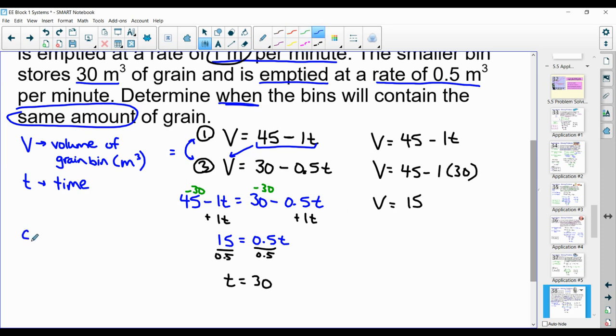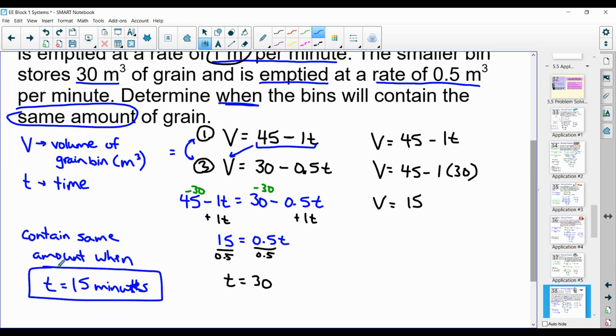Well, they will contain the same amount when t equals 15 minutes. So you could just write t equals 15 minutes, and that's fine. But I just want to be clear on the answer here. So they'll contain the same amount when t equals 15 minutes.